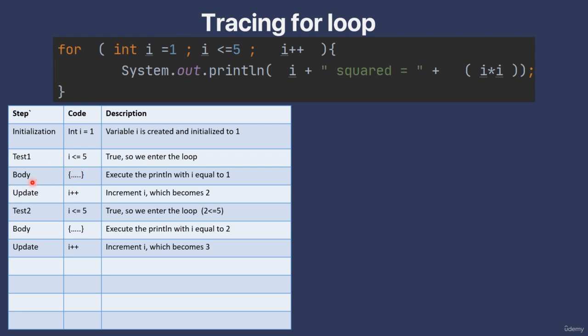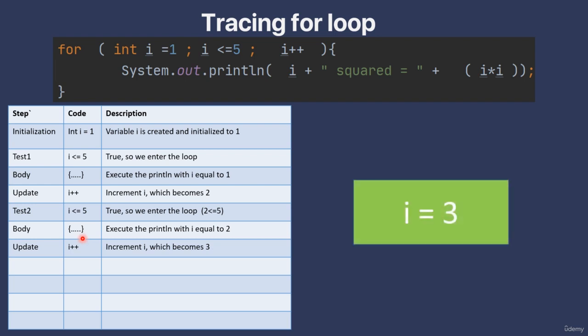So the previous iteration was test 1, body, and update. The second iteration is test 2, body, and update. At the end, after executing the body of the loop, I will be increased by plus plus, by 1, which becomes 3.